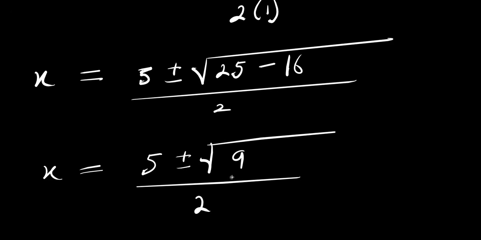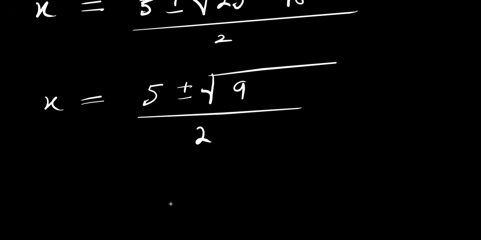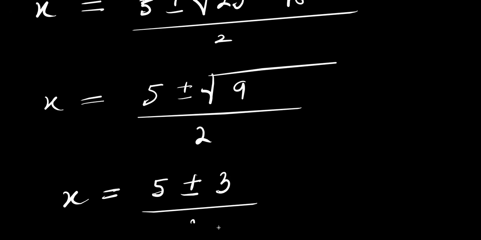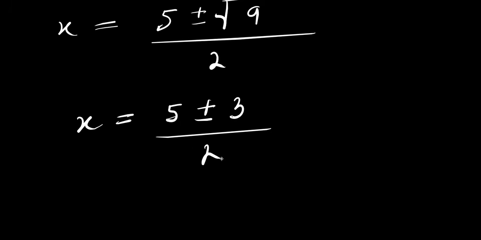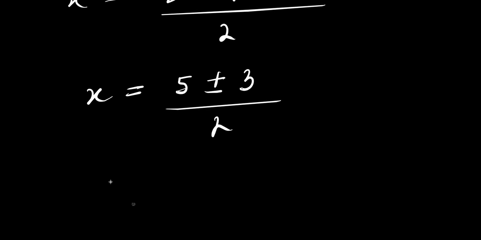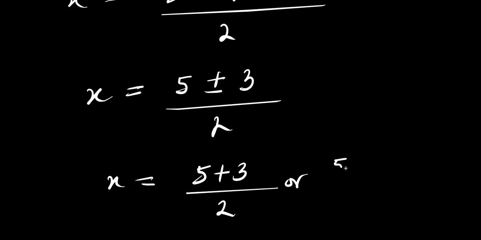Now the next thing you are going to do is to find the square root of 9. So we have x equals 5 plus or minus square root of 9, which is 3, and this is divided by 2. So you have two values for x. You have x equals 5 plus 3 divided by 2, or 5 minus 3 divided by 2.